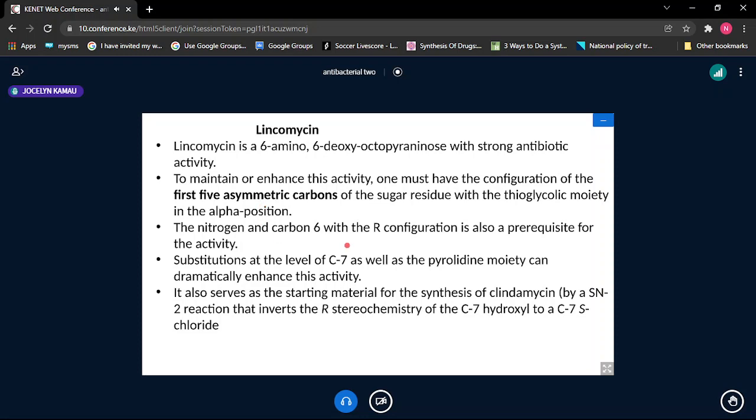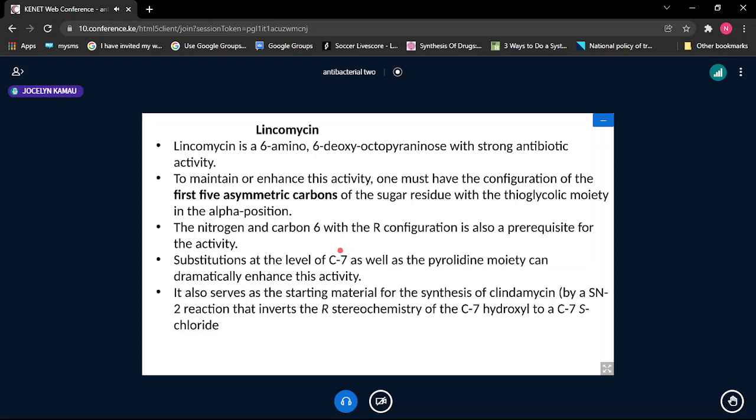The nitrogen at carbon 6 with the R configuration is also a prerequisite for activity. Again, we are saying that is also very, very important for activity. Substitutions at the level of carbon 7, as well as the pyrrolidine moiety, can dramatically enhance this activity.